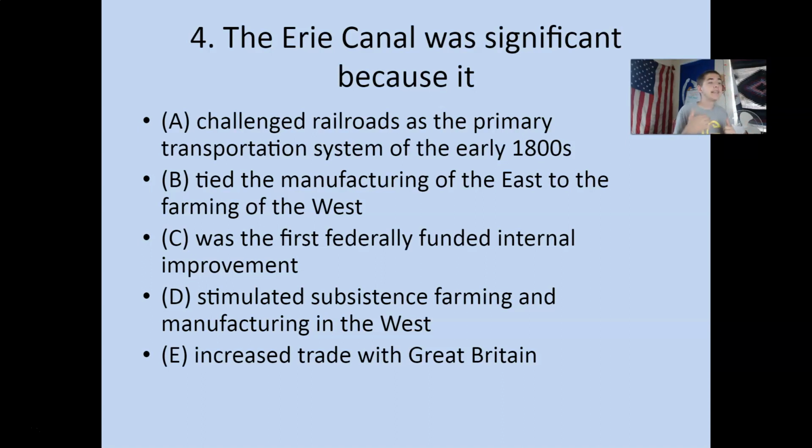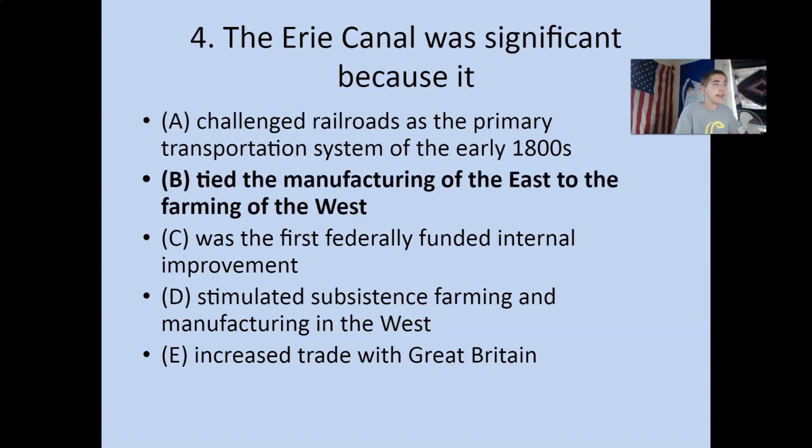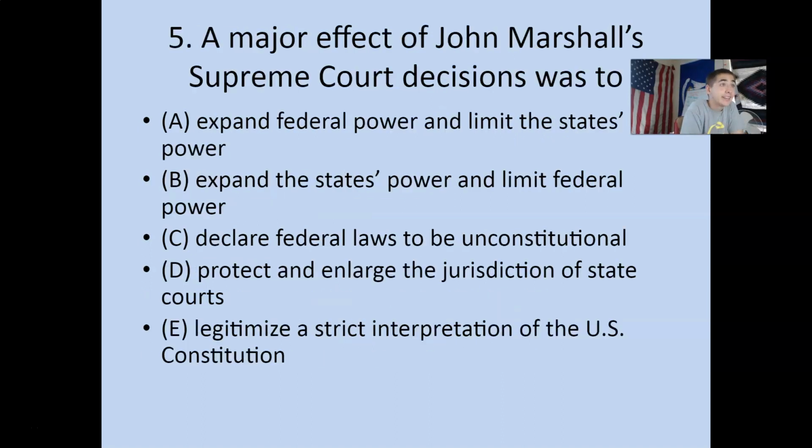Or D. Stimulated subsistence farming and manufacturing in the West. Or E. Increased trade with Great Britain. The answer is B. Tied the manufacturing of the East to the farming of the West, because canals were major transport back in those days.